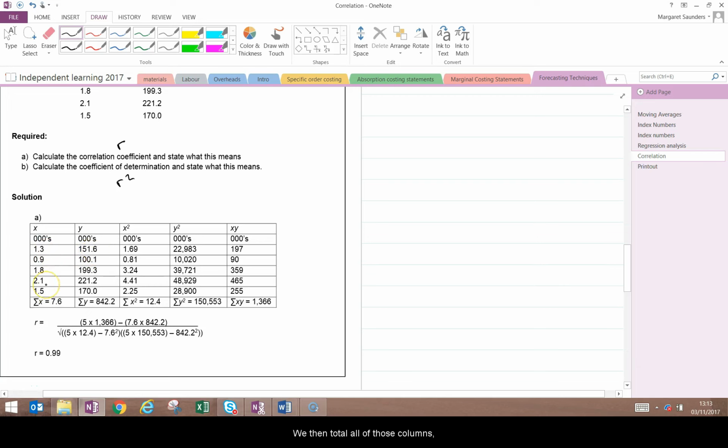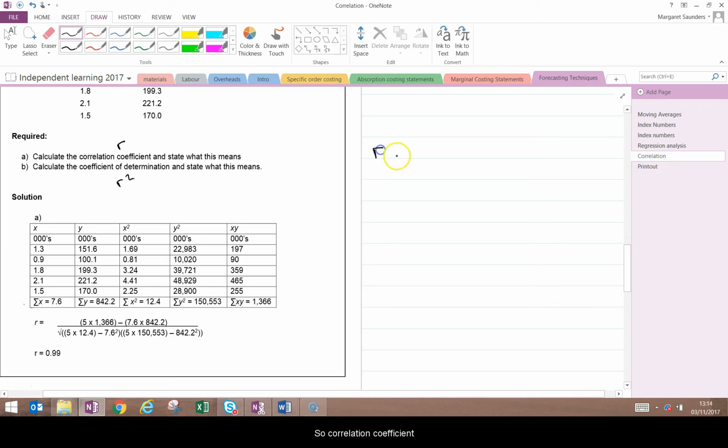We then total all of those columns: total of x, or sigma x, sigma y, sigma x squared, sigma y squared, and sigma xy. Remember, sigma meaning total. We can now slot those into our correlation calculation.